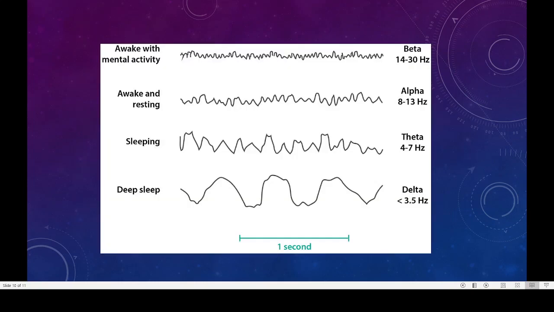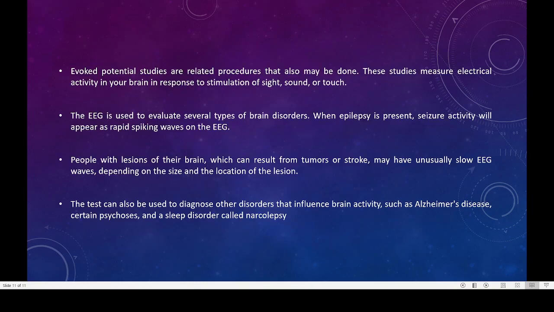For example, when a person is having an epileptic seizure, usually there will be very high intensity brain waves during that particular time. That indicates that something is wrong with the electrical activity of your brain. So that is a sure sign to diagnose whether a person has epilepsy.